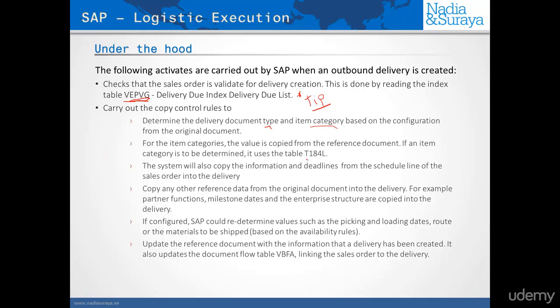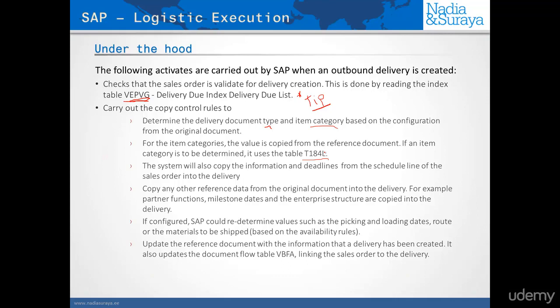If the item is determined, then it will look at the table T184L to determine what the item category is. When we say a new item is determined, it means that if, for example, there was a bomb explosion, or it had to redetermine an item, or for example packaging material, you had to put a new item there, then yes, it's a new item, it's not in the sales order, it's in the delivery, and the system then needs to determine the item category.